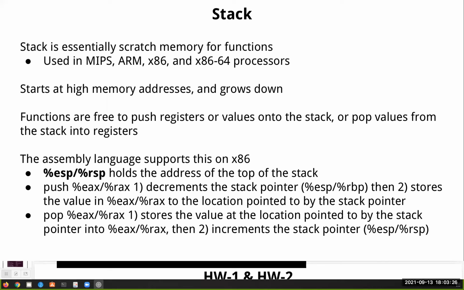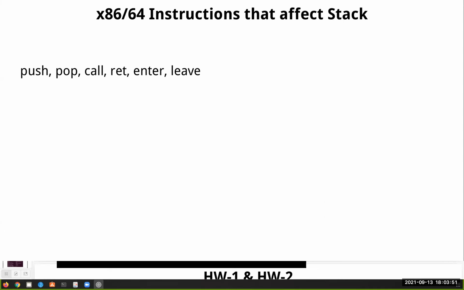So this instruction will not change EAX or RAX, but it will change the memory pointed to by the SP. Then we have another instruction, pop. Pop will first move the value where the ESP points to into the register, then increment the stack pointer. I have some animations to show that later.